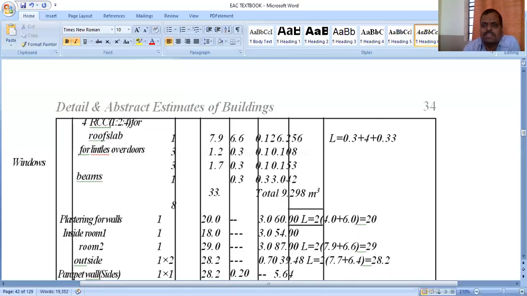It is 3 meter respectively, plus 3. And at last again the thickness of the wall. It is 0.3. So how much will be the length? It will be equal to 4 plus 3, 7, 7 plus 0.3 plus 0.3 plus 0.3. That is 7.9 meter respectively.